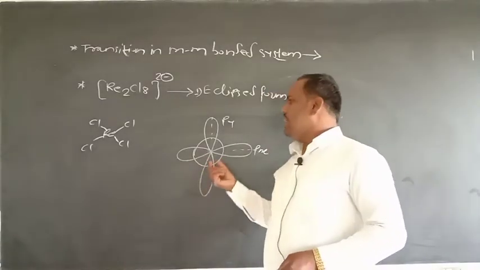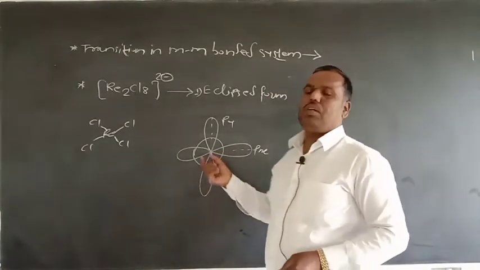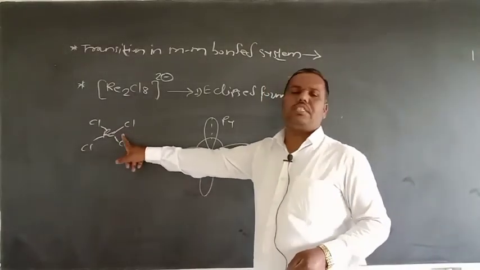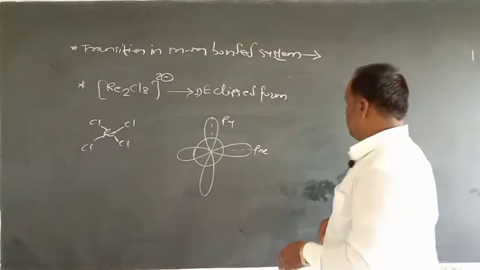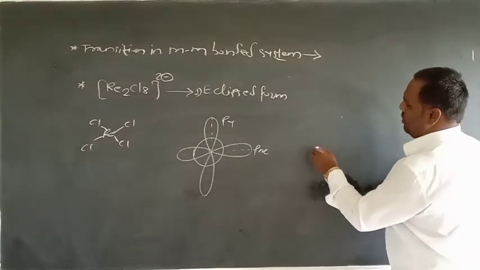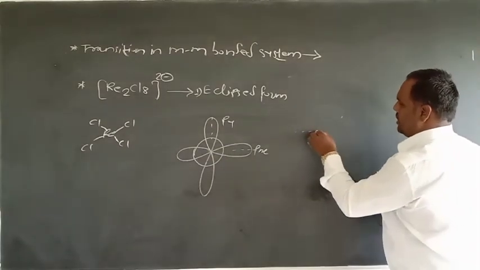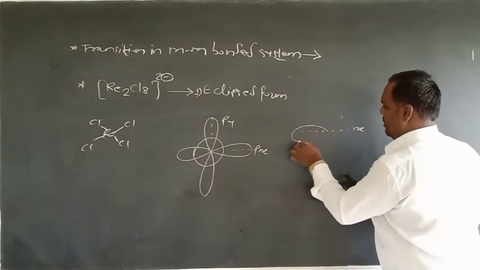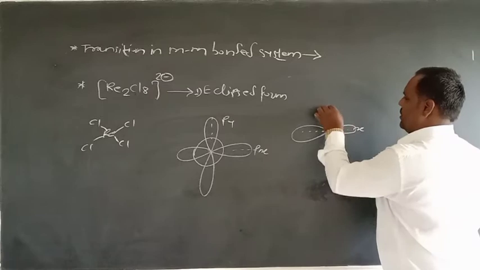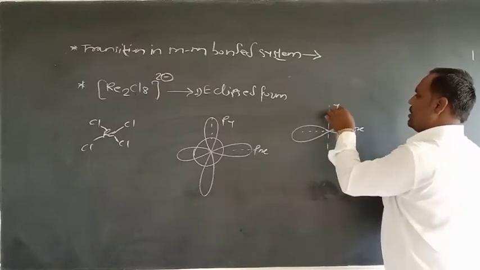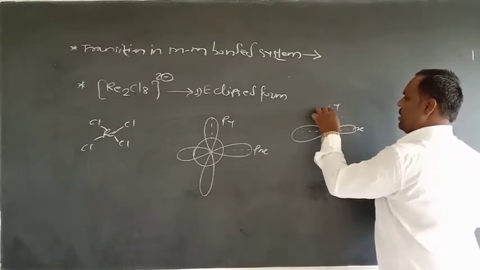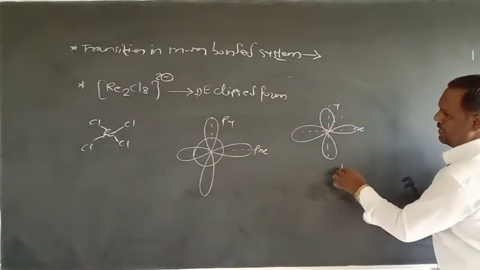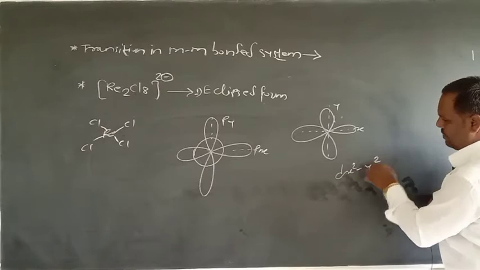Therefore it is not involved in metal-metal bonding; it is involved in bonding with the ligand attached to the metal. Let us consider this is your x-axis and this is your y-axis, then this is your dx square minus y square orbital.